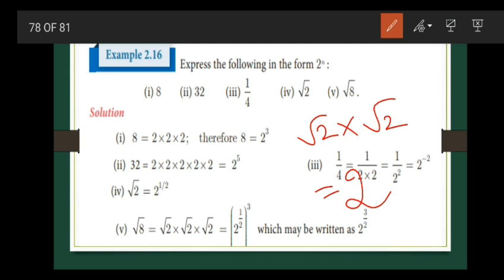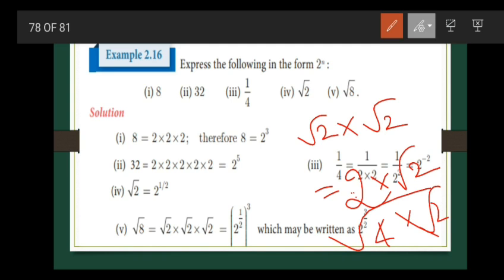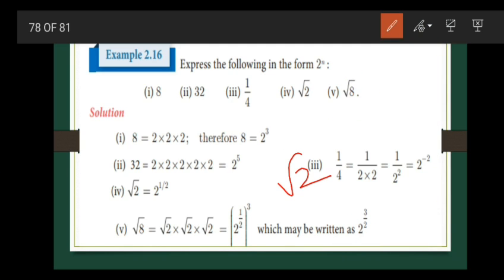Then 2 into root 2. So you have this 2 as root 4 and root 2. Root 4 into root 2 is root 8. So this is root 2 cube. We have to represent this in 2 power n.